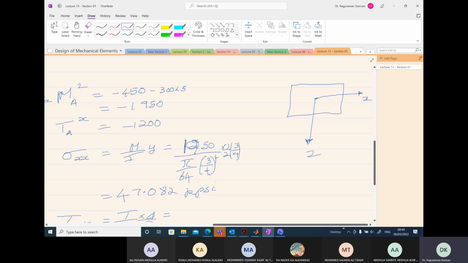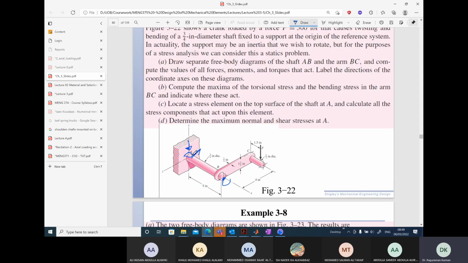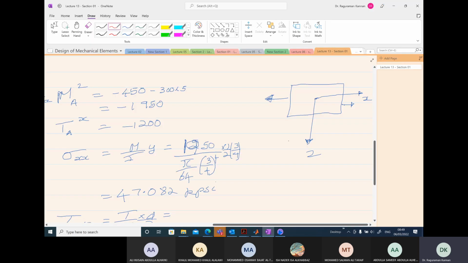Now, obviously, my sigma xx is positive, tensile, so I can write it, no problem here. But what is the direction on the surface on the right? My clockwise rotation leads to the negative z direction on the surface at x. So this fixes all the other directions.